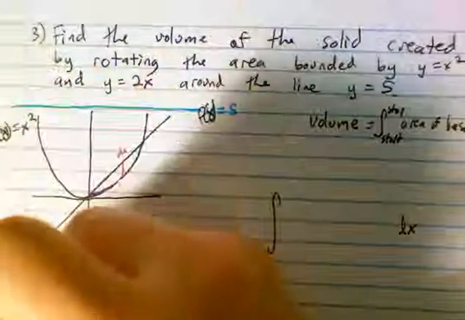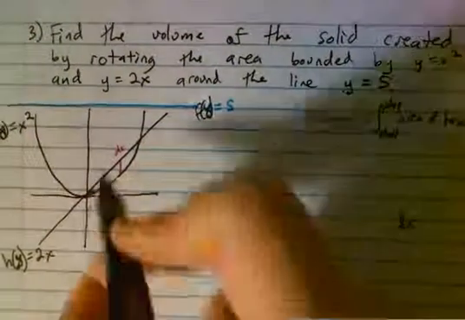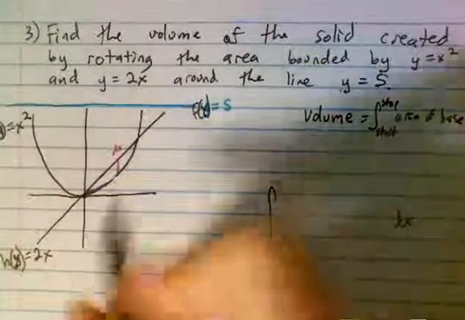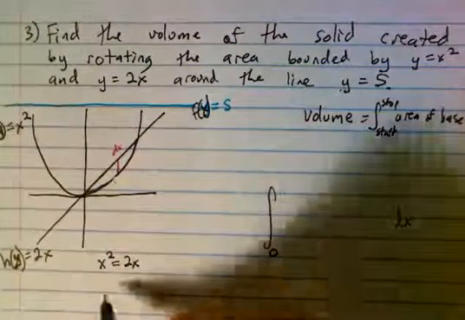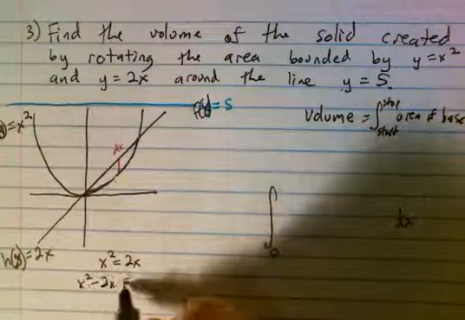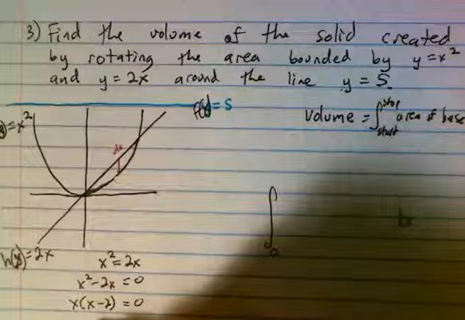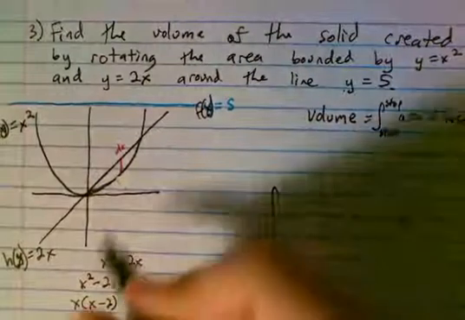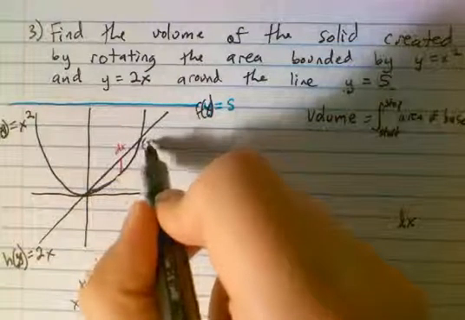This is h of x. I can see that my starting point is going to be 0. Once again, we can set these equal to each other. X squared equals 2x. In order to figure out what the bounds are, x squared minus 2x equals 0, x times x minus 2 equals 0, x equals 0, x equals 2. So that means I'm going from here where x equals 0 up to here where x equals 2.